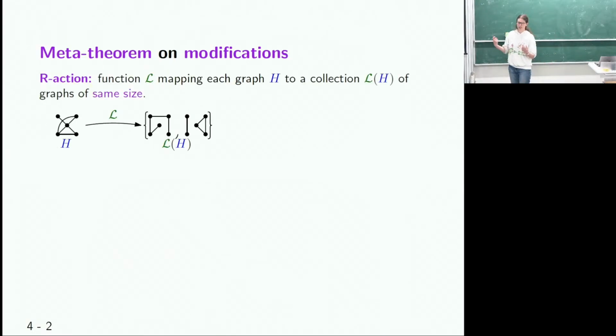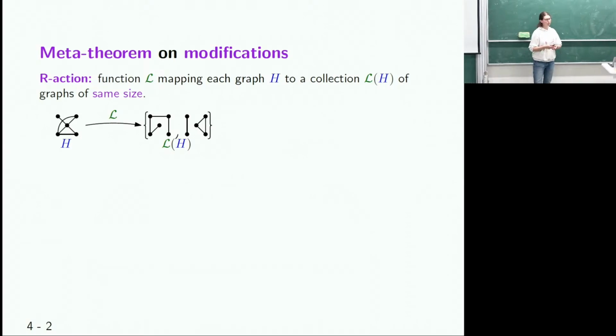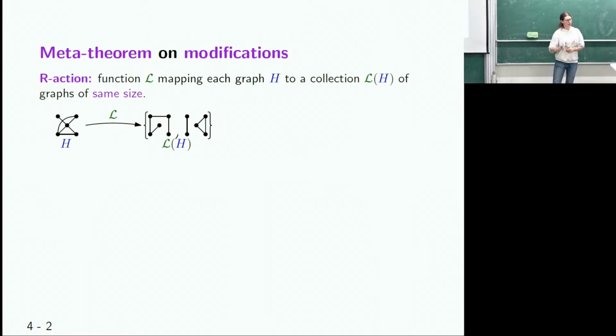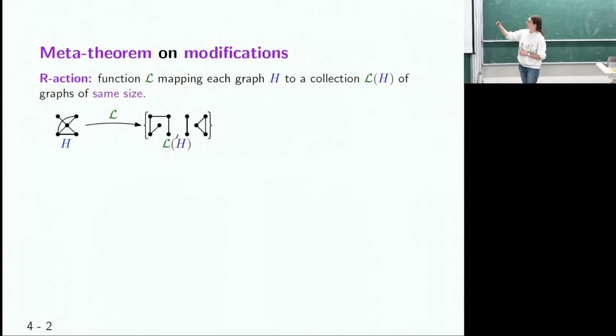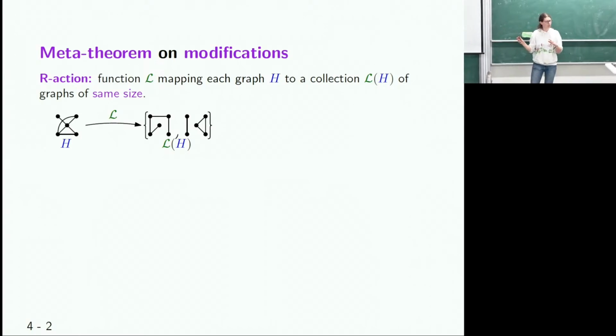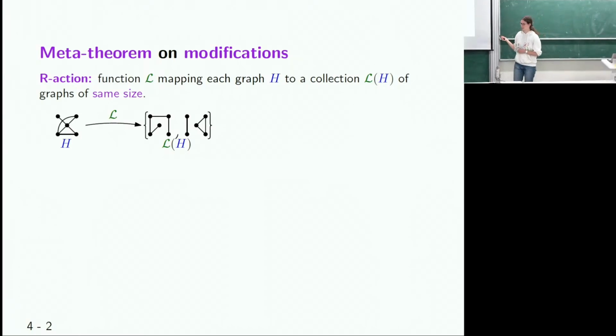And the first question is how to generalize several modification problems and to speak about all of them at once. So for this, for instance, we can use replacement actions. A replacement action is a function that maps a graph H to a collection of graphs of the same size. And essentially, this replacement action will describe the modification that you are allowed to do.